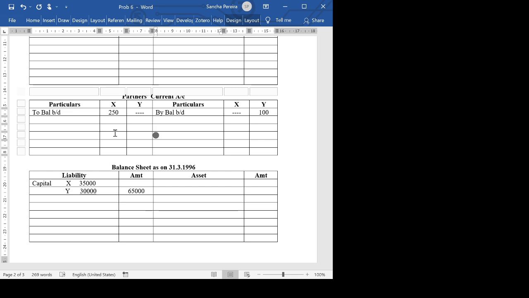Say Y's current account is 100 rupees. He had drawings of 20 rupees. Would these drawings make it 120 or would these drawings make it 80? Yes, it would make it 80.